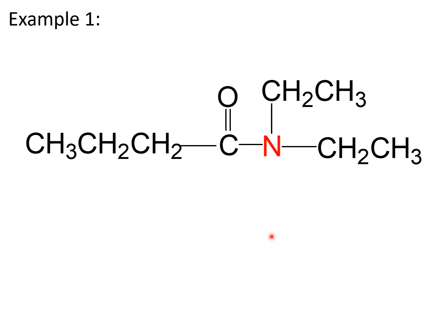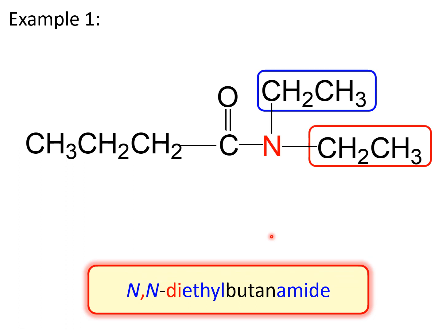Let's see whether they have substituents. It is either a substituent attached directly to the carbon like usual, or maybe the substituents are on the nitrogen. If it's on the nitrogen, you need to identify alphabetical order first. Second, you have to put nitrogen before the name of the substituent.